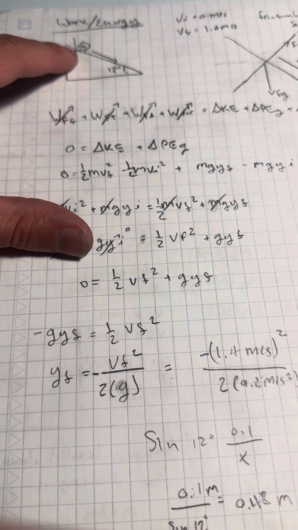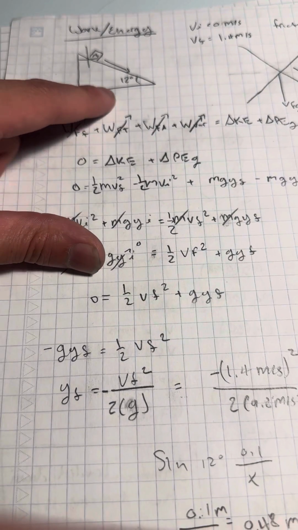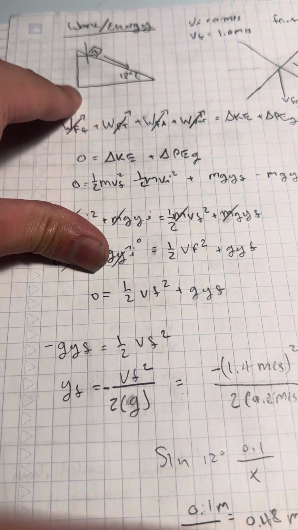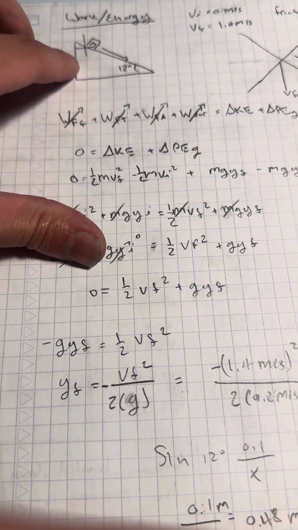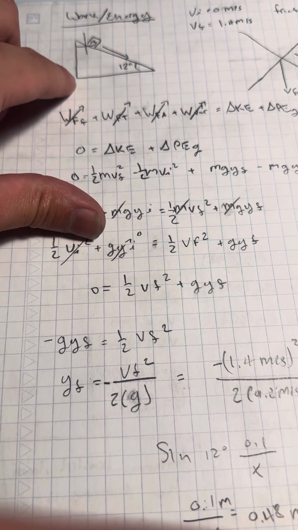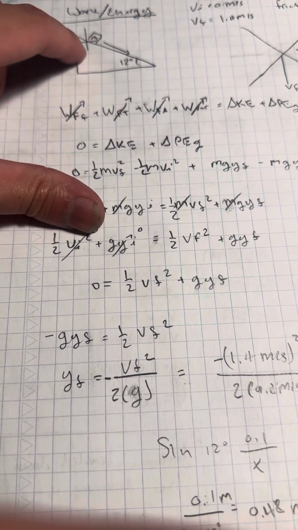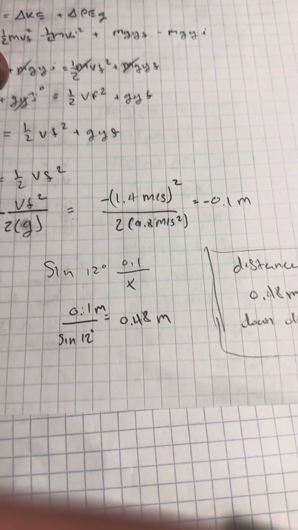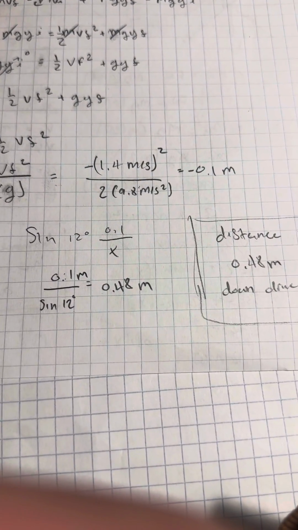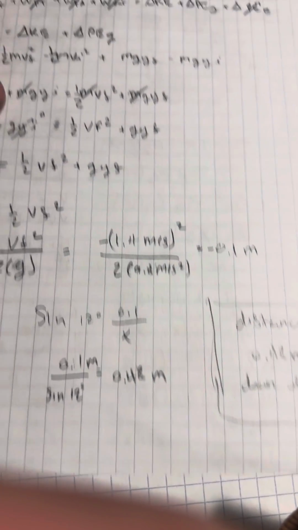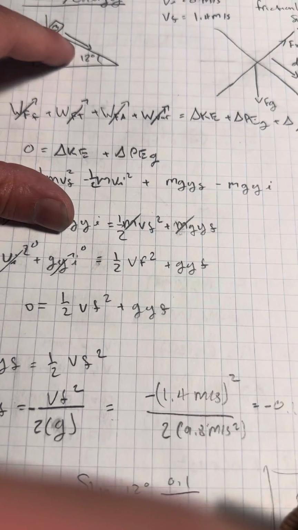So from y initial to y final at the end of the distance is 0.1 meters, and that will be negative since it is in the negative direction. But the question asks us to find the distance here.